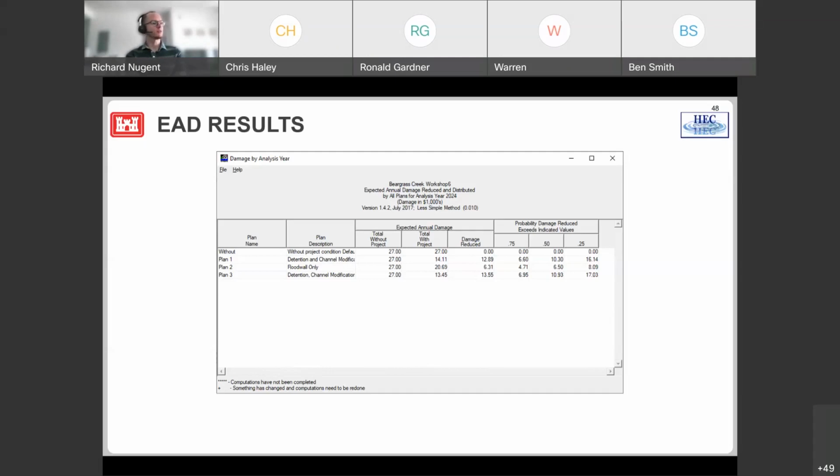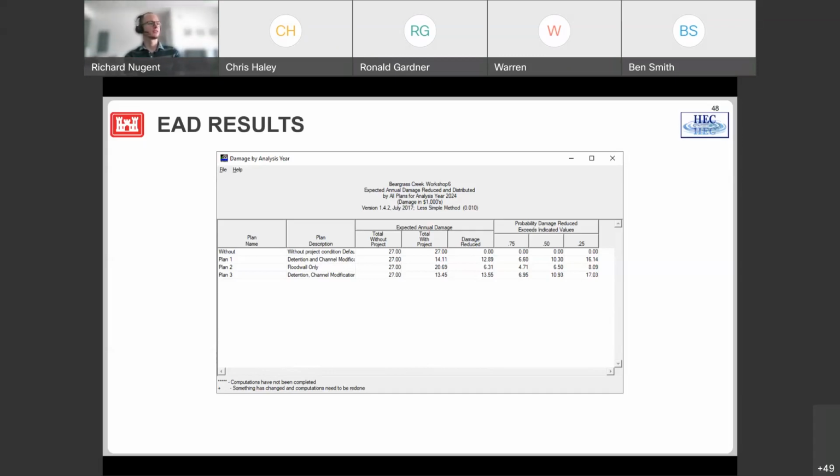If we look at Plan 1, damage reduced was $12,890. But that is the mean damage reduced. The three columns on the right give us that probability distribution of damage reduced.